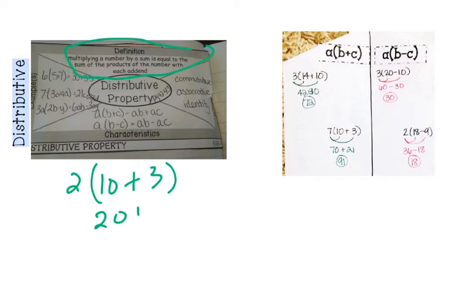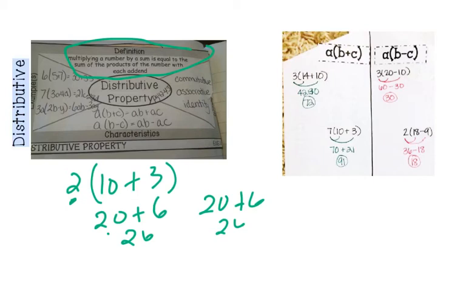And then 2 times 3 and get 6, and that is 26. So they're saying 2 times 10 plus 3 is the same thing as 20 plus 6, which it is. It's 20 plus 6, which is 26.